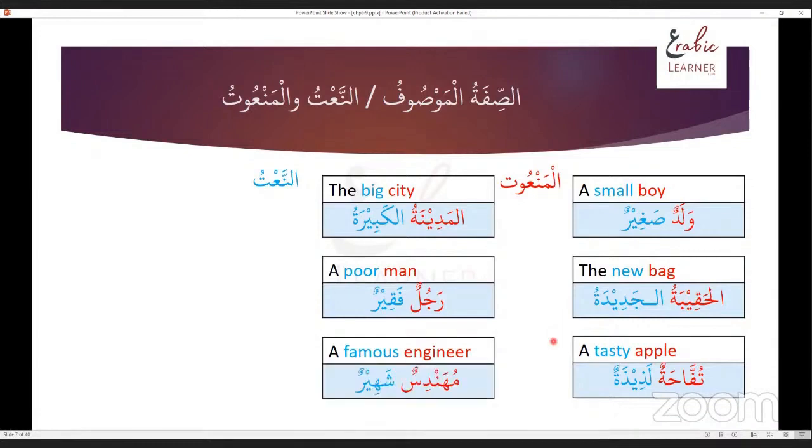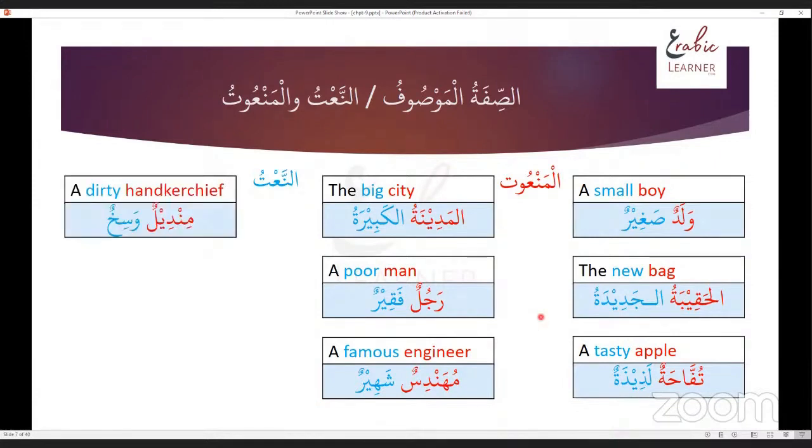Muhandisun shahirun. For people who are from an Urdu background, they know that mashhur we say popular, okay? It's from the same root word. So muhandisun shahirun. A dirty handkerchief. Mindilun wasikhun. An intelligent student, an intelligent female student.